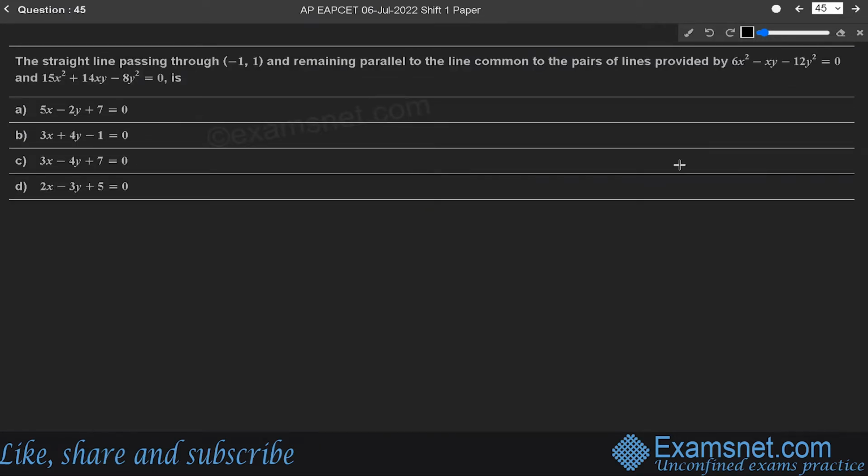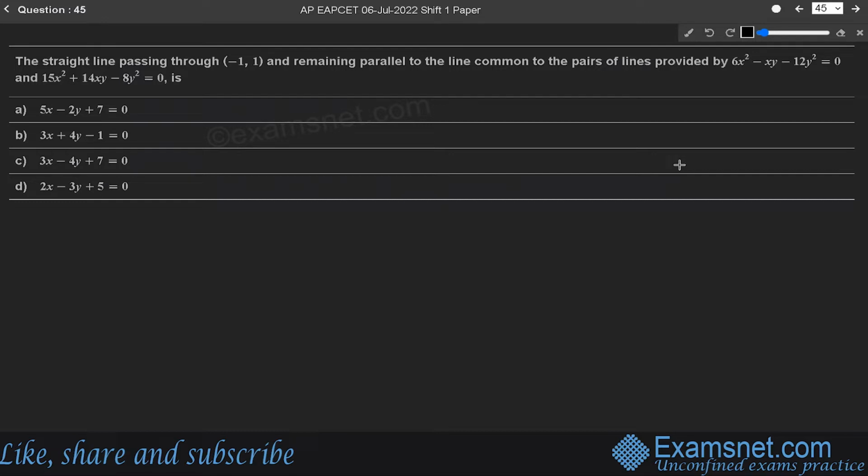Next question is: the straight lines passing through the point (-1, 1) and remaining parallel to the line common to the pairs of lines provided by 6x square minus xy minus 12y square is equal to 0 and 15x square plus 14xy minus 8y square is equal to 0 is.